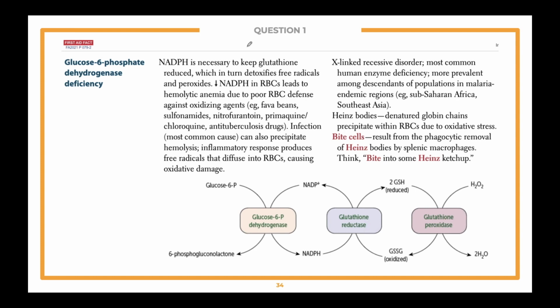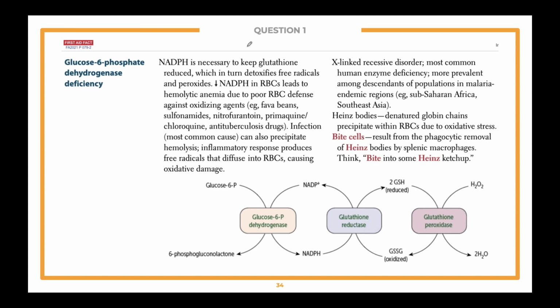Normally, you have glutathione in a reduced state. What happens is during oxidative stress, when you have lowered levels of reduced glutathione, you're not able to break down those oxidative metabolites and those molecules that are causing oxidative stress.